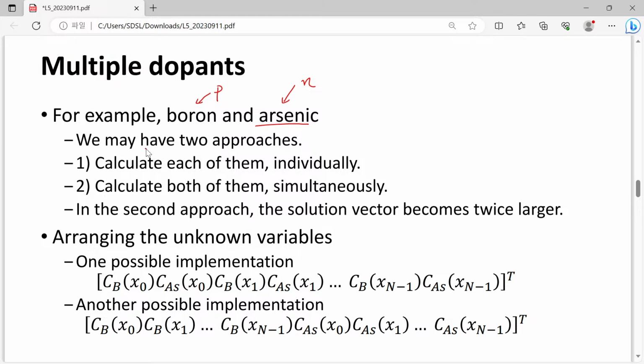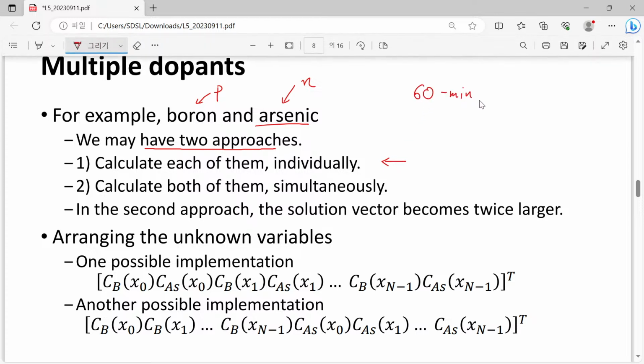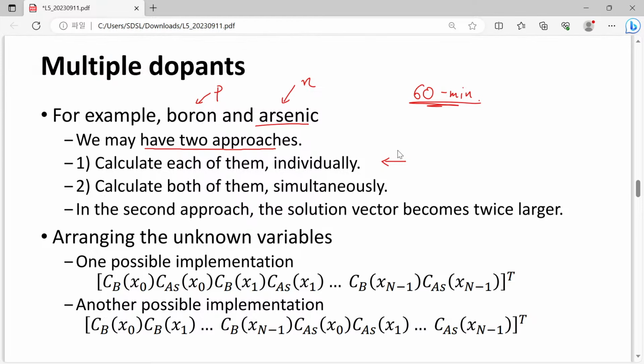Of course, we may have two different approaches. One is calculate each of them individually. For example, let's say that we have done it with 60 minutes long, then just to diffuse boron 60 minutes and arsenic 60 minutes, then just to make a sum of them.